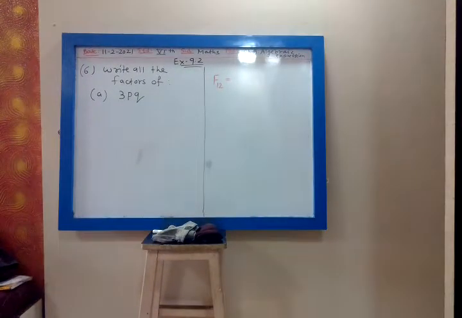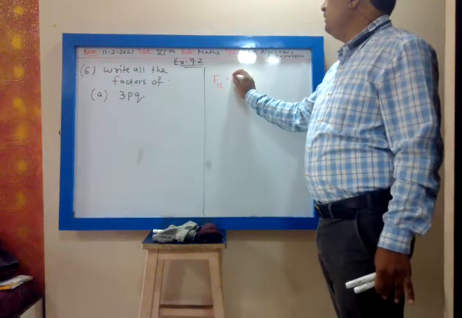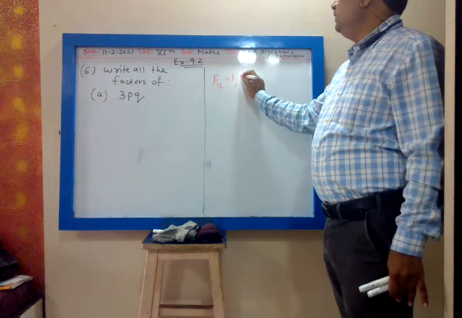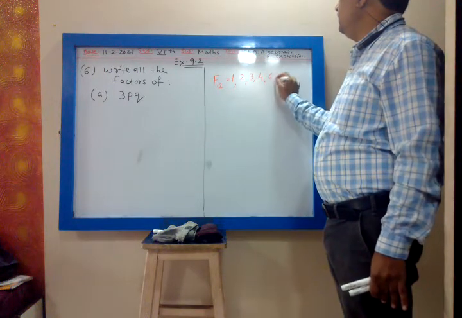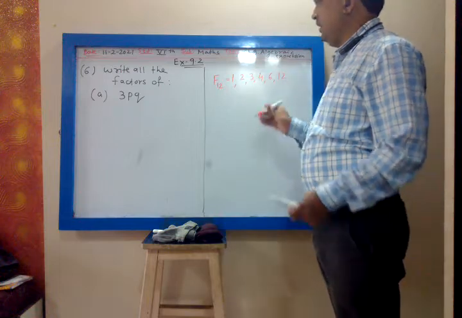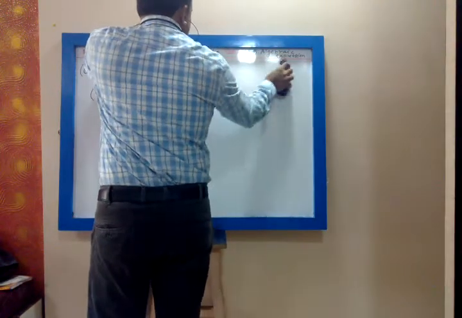This red part should not be written. See, factors of 12 are, first we start with 1, then 2, 3, 4, 6, and 12. So no need to write.